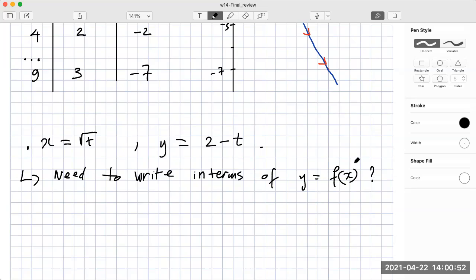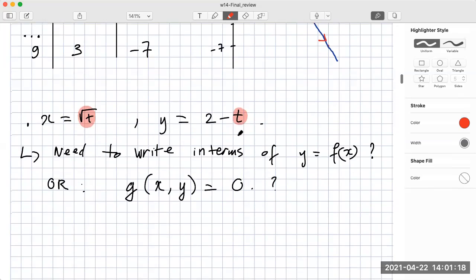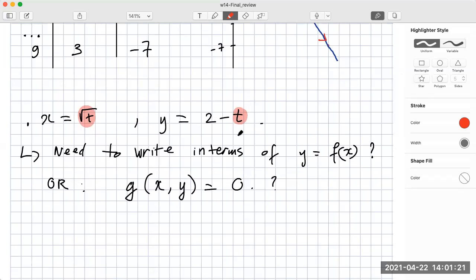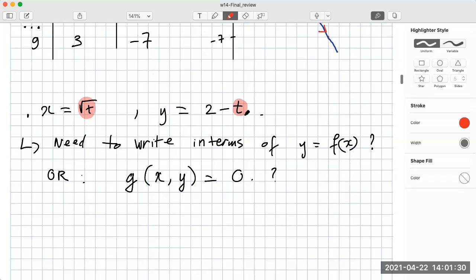That is the target. Or we can write it as a function g of the variables x and y is equal to 0. Either way is fine. Okay? It means that we need to somehow eliminate the variable t, the parameter here, right? What should we do? Very good. Here, we see that y is in terms of t, and x is square root of t.